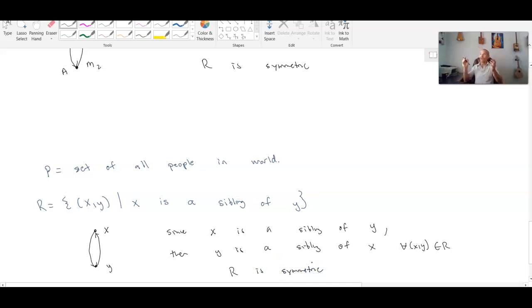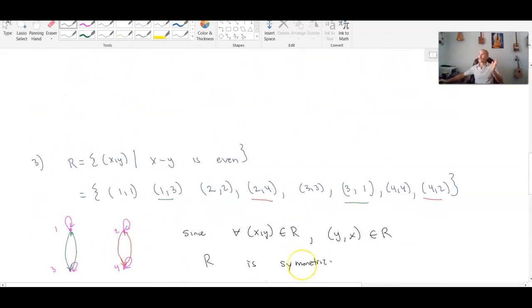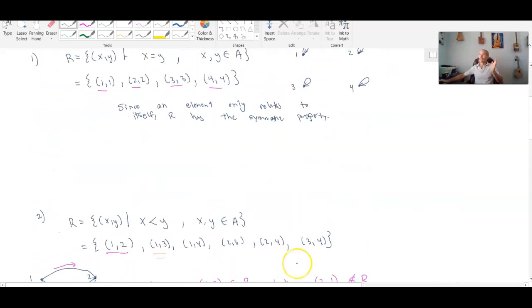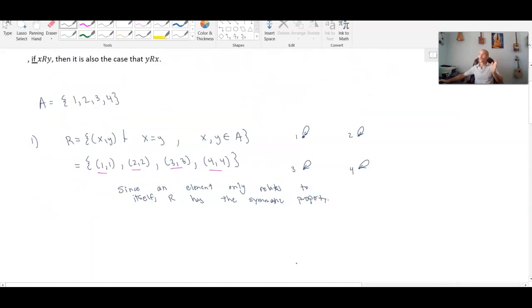And that's the symmetric property. Now again, just one thing to make evident here is we only have to worry about situations where we have elements where one element relates to a different element. Then it must also work in reverse. In situations where there is no element paired with a different element, then as long as that property is not violated, we can still say that that relation has the symmetric property.